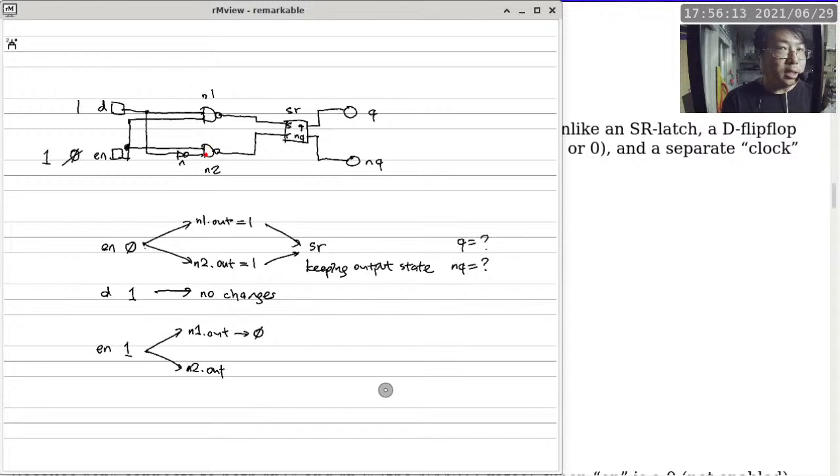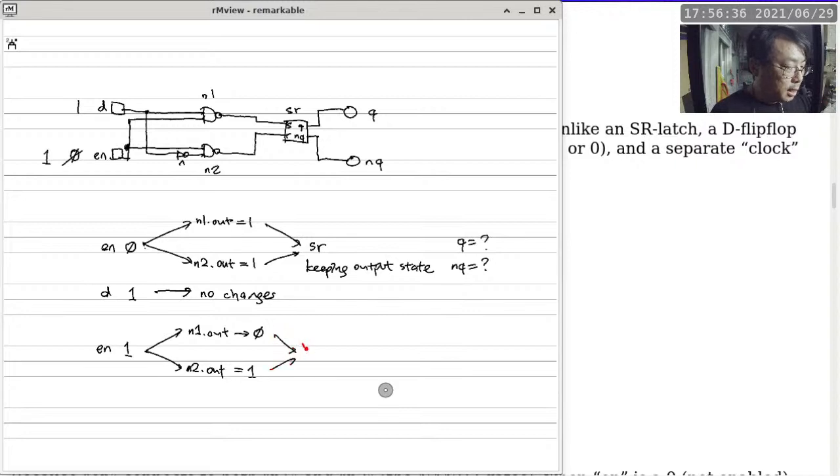So as far as N2 is concerned, its output is maintaining to be a 1. N2.out is continuing to be a 1. In other words, it has not changed. Both of these pins are going into the SR latch, so the next stage of analysis is going to be the SR latch.